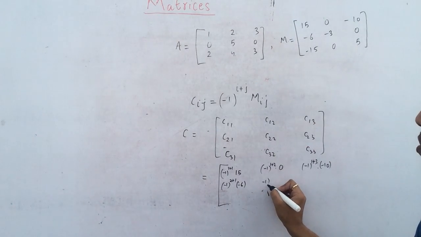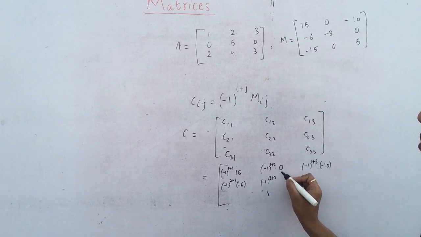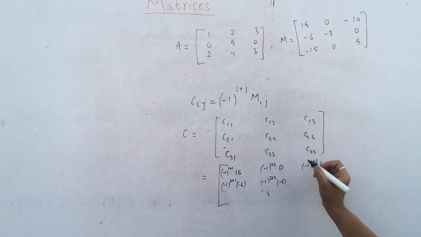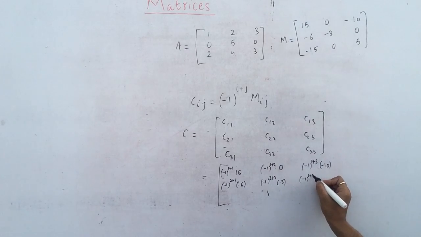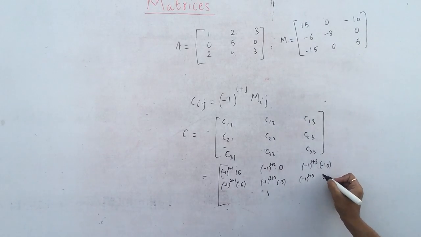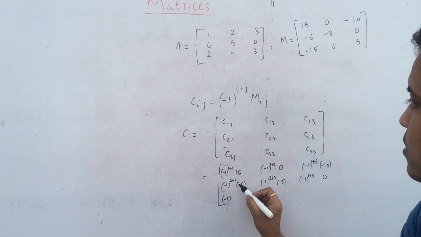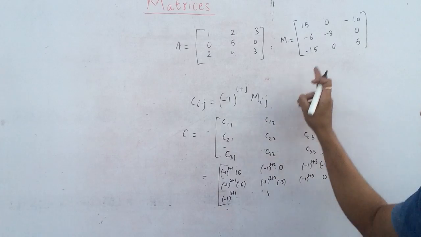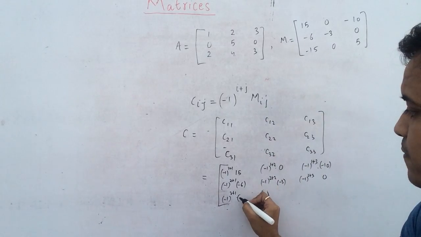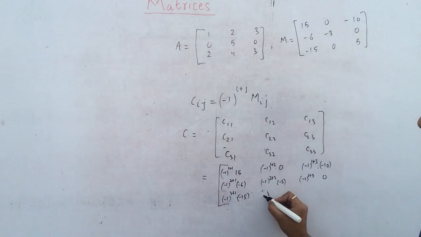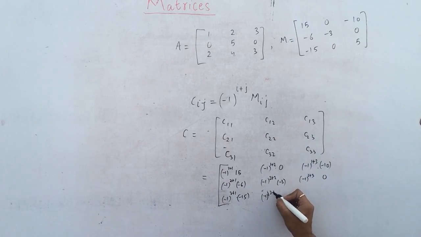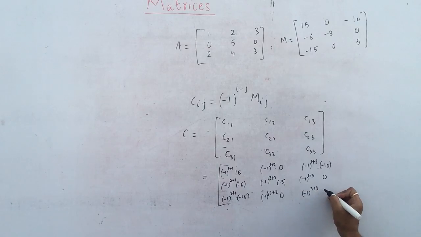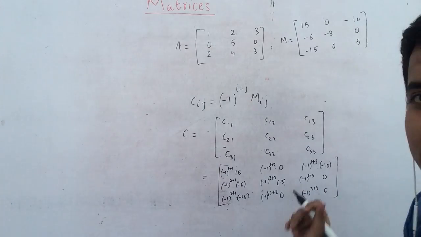C22 is minus 1 raised to power 2 plus 2 times minus 3. C23 is minus 1 raised to power 2 plus 3 times 0. C31 is minus 1 raised to power 3 plus 1 times M31, minus 15. C32 is minus 1 raised to power 3 plus 2 times 0, and C33 is minus 1 raised to power 3 plus 3 times 5. So what do you see here?